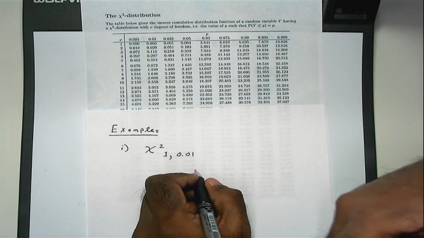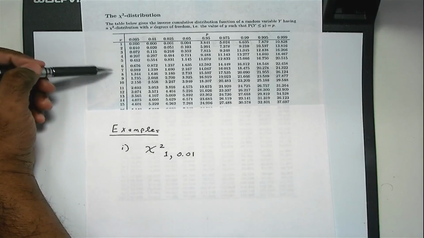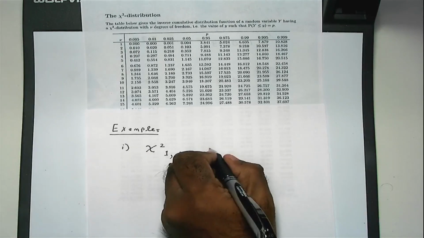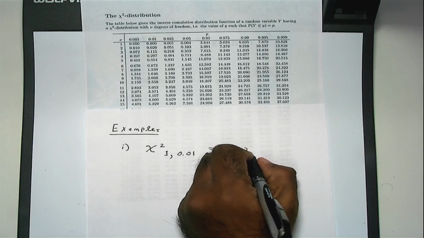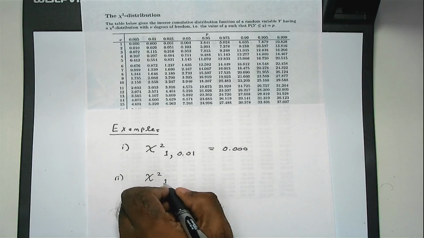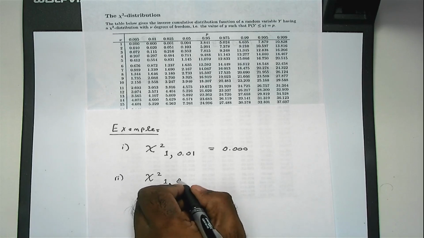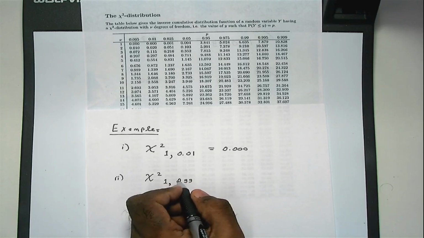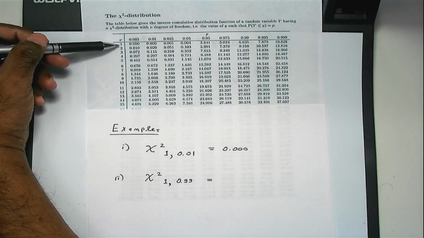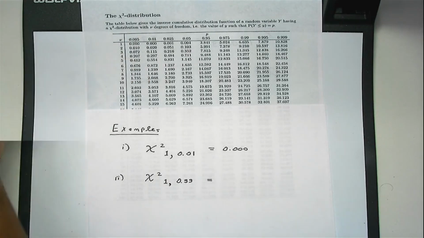You read the degree of freedom column, which is 1, and then you look for 0.01, which is 0.000. Suppose you look for the percentile corresponding to a degree of freedom of 1 and a probability of 0.99. You look at degree of freedom 1 and this probability, which is 6.635.